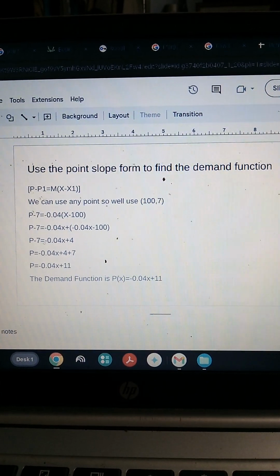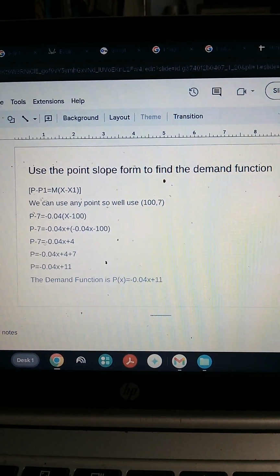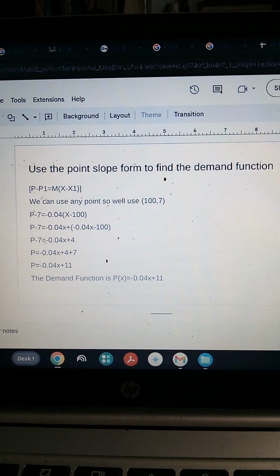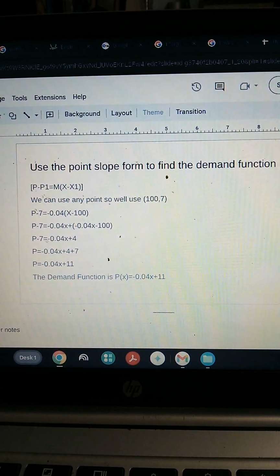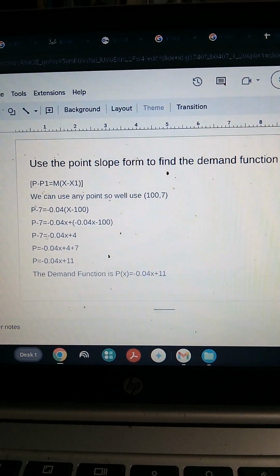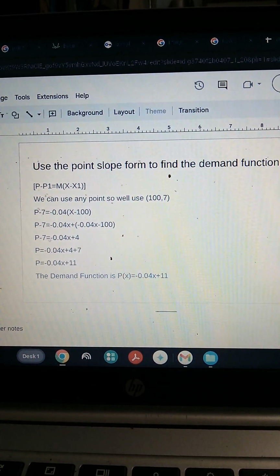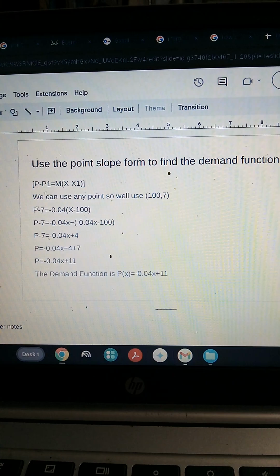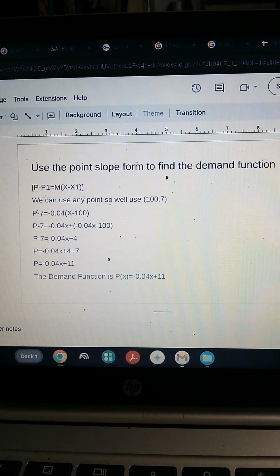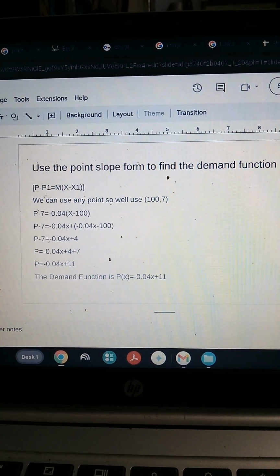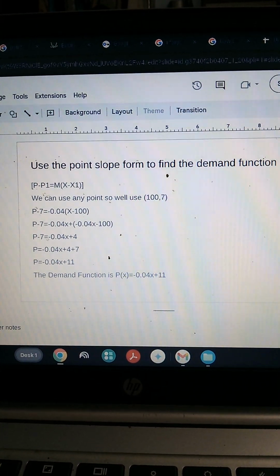You do the math, because you have to multiply the negative 0.04 by the x and by negative 100, and P minus 7 equals negative 0.04x plus 4 is what you get.